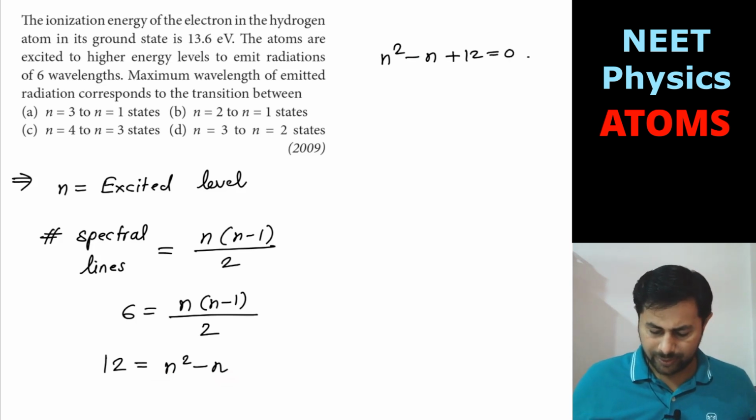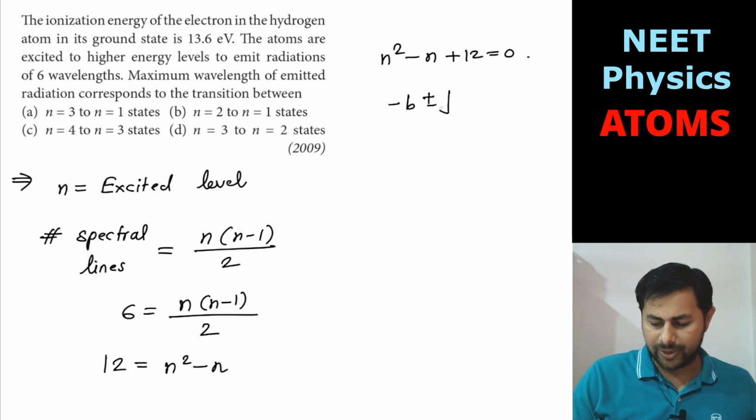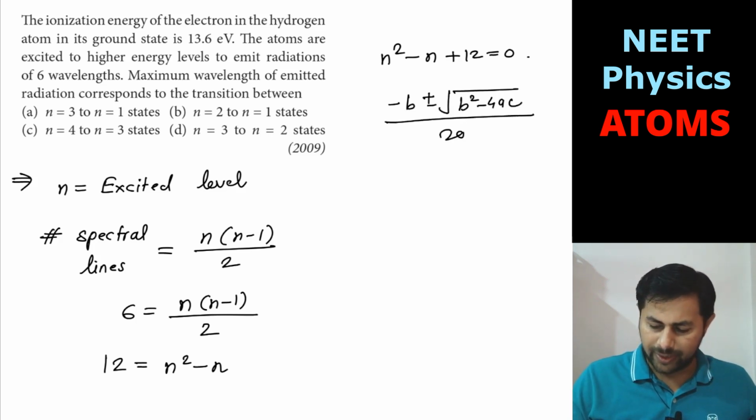Then what's the solution? It's minus b plus minus square root of b square minus 4ac, upon 2a.